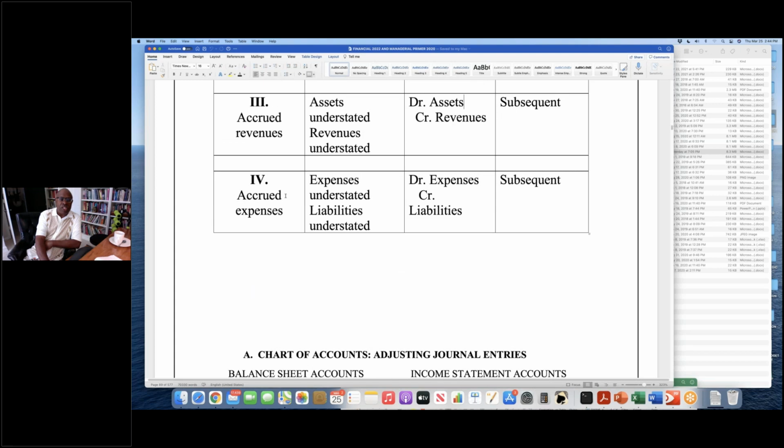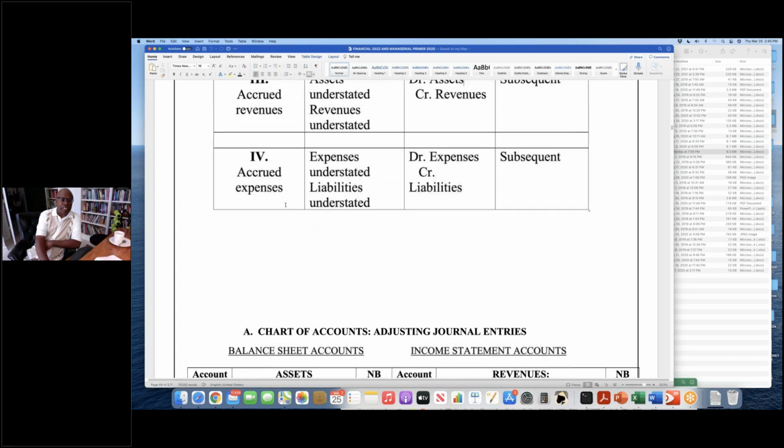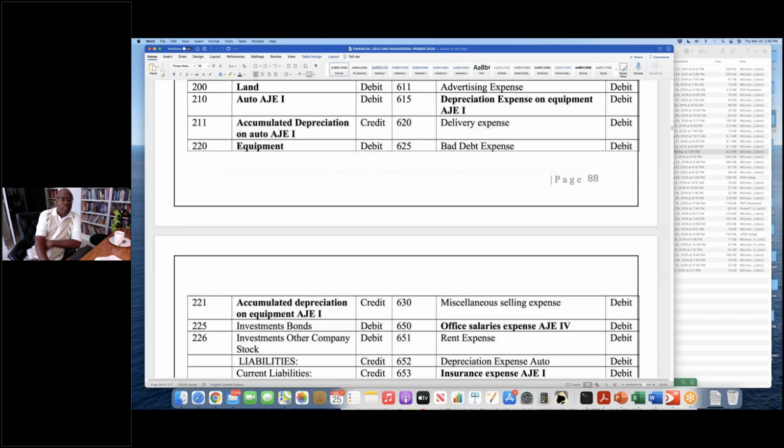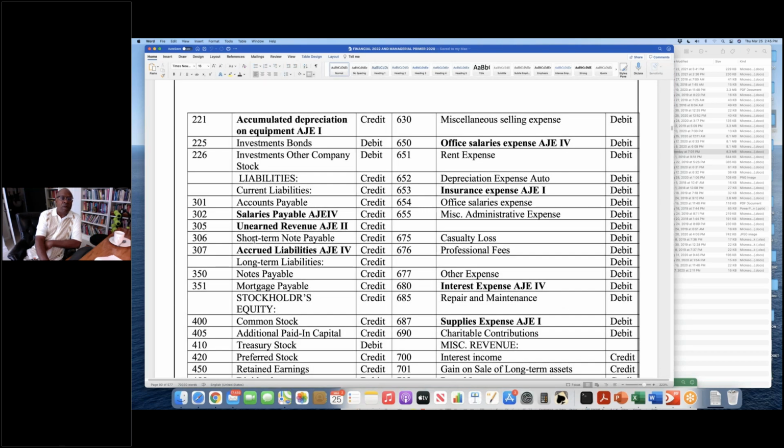And if you have an AJE 4, which is accrued expenses, then I'm showing you that for AJE 4, it's going to involve accrued liabilities. So salaries payable, or other accrued liabilities. Salaries payable is the big one, but if you have other types, taxes, anything else, it goes here.